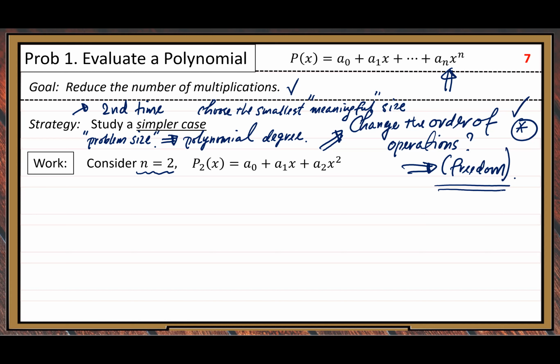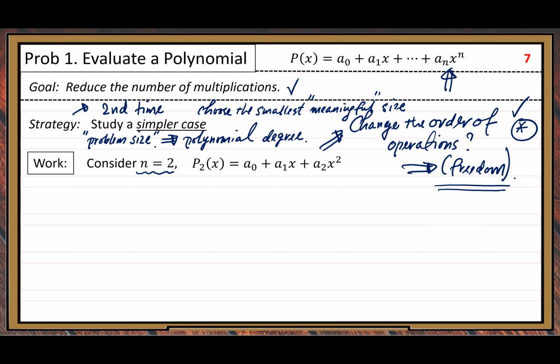If we have this freedom, then we have a chance to find a better solution. So we will take advantage of this freedom to explore some smart way to do the evaluation. So that's the direction we need to take. All right, so let's continue.